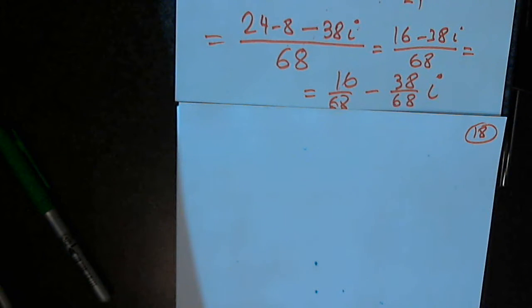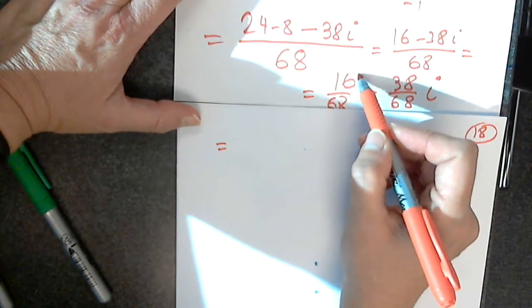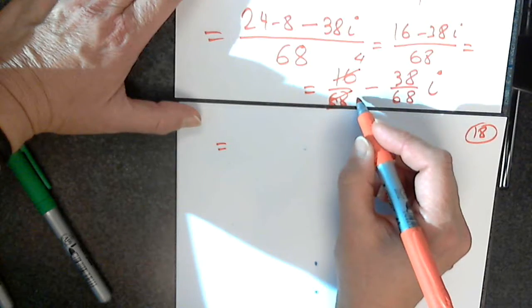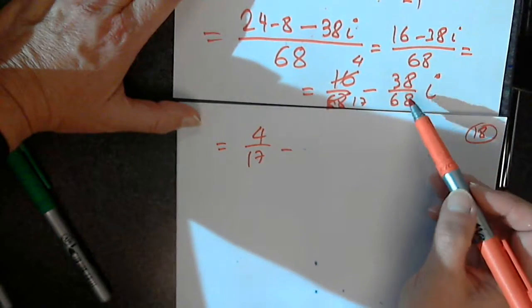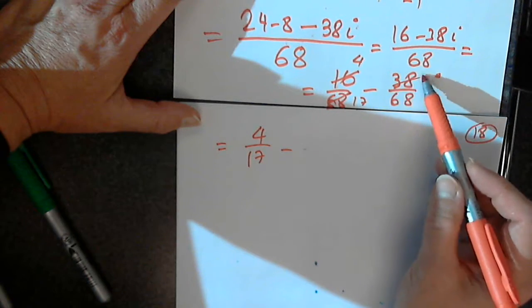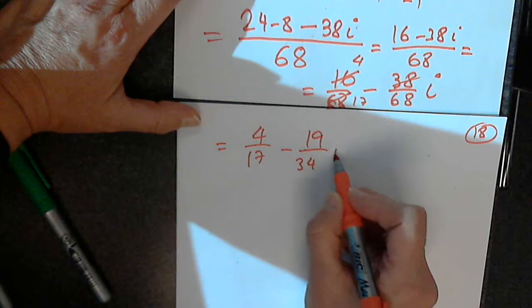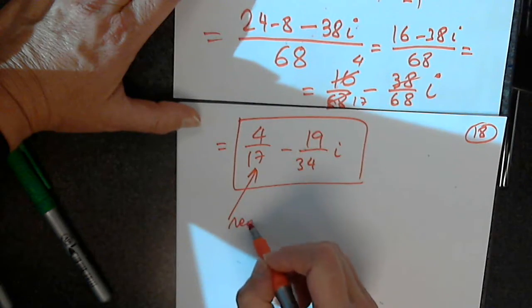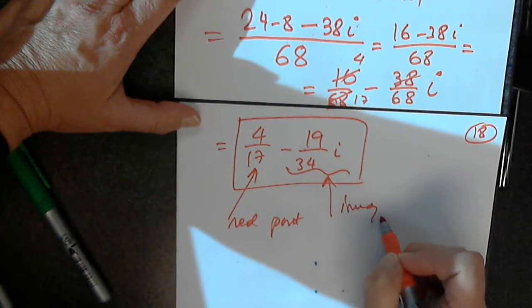If I divide it by 4, okay, so 16 divided by 4 is 4. And this divided by 4 is 17. So 4 over 17 minus 38 and 68 divided by 2, and the top will be 19 and the bottom will be 34. This is the final form, where this is the real part and this is the imaginary part.